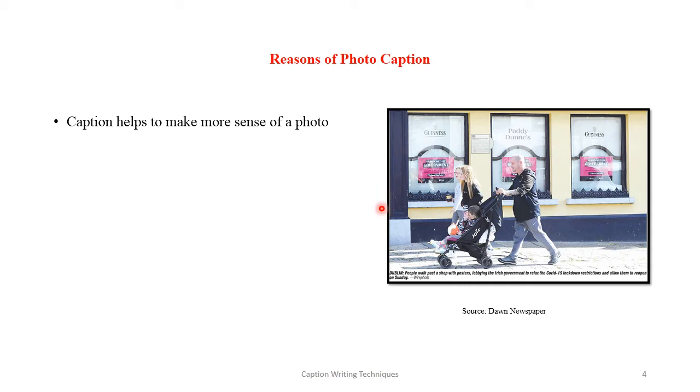The caption written is: people walk past a shop with posters lobbying the Irish government to relax the COVID-19 lockdown restrictions and allow them to reopen on Sunday. This line explains the photograph in a better way, so that anyone who sees this picture will have a more comprehensive idea about it.